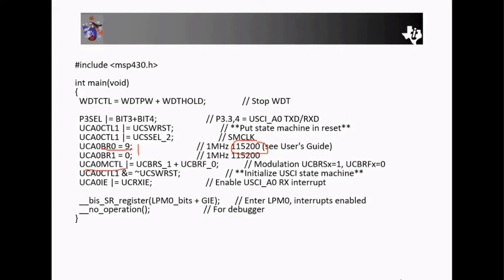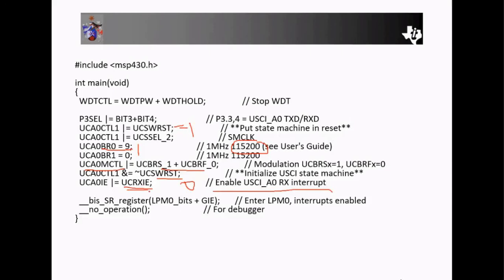Now come to UCA0MCTL. This is used for the modulation purpose. Now again here I am clearing the UCSWRST bit, and then correspondingly I am enabling the A0 RX interrupt with the help of UCRXIE.